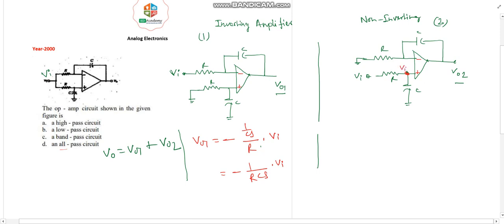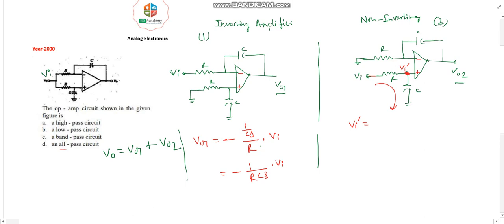Suppose this is Vi dash, so Vi dash is the input of this non-inverting amplifier, and Vi dash equals, considering this loop, a voltage divider.